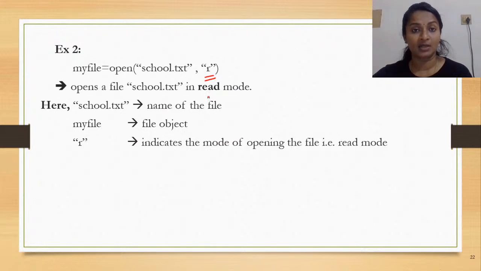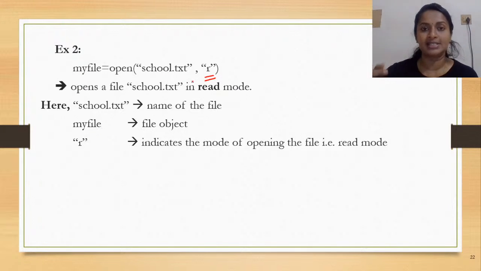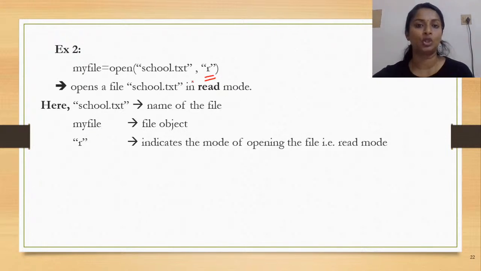in the read mode. Now, when you try to dissect to understand what is being shown in this line, my file, what is it? It is the file object or the handle, and school.txt is the name of the file, and r indicates the mode of opening the file, which is read mode.